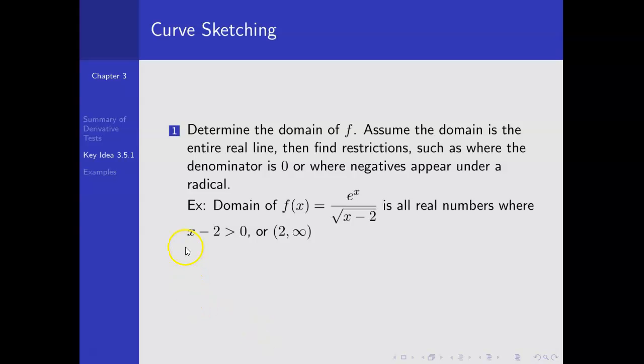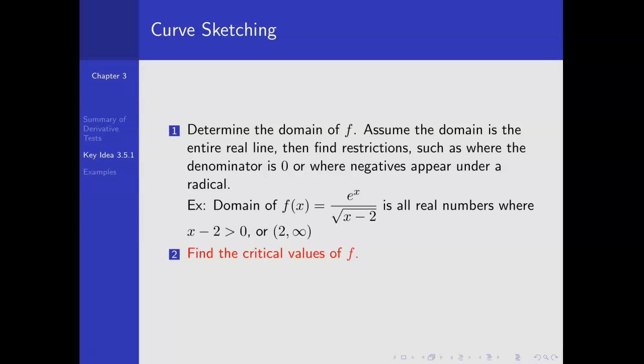So we need x minus 2, which is what's under the square root there, to be positive. In other words, we need x greater than 2, and that gives us the interval 2 to infinity. So if we were graphing this function, we would only graph it for x greater than 2, onward to the right. We would ignore everything else to the left.